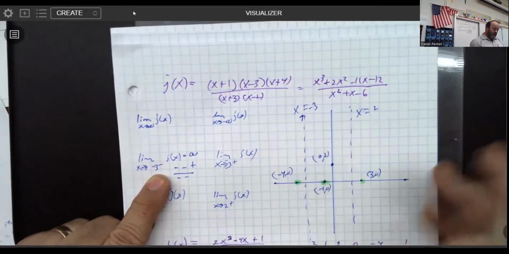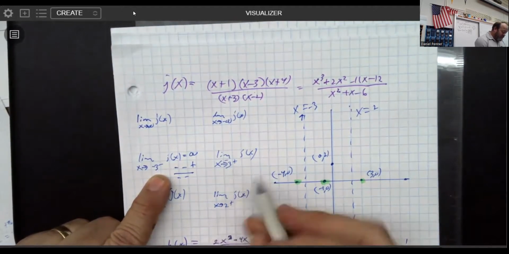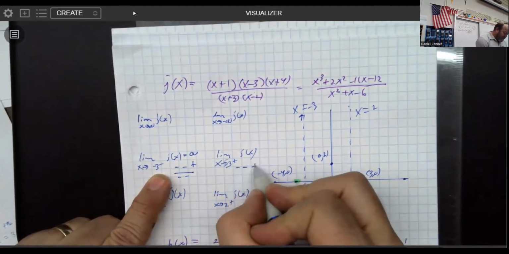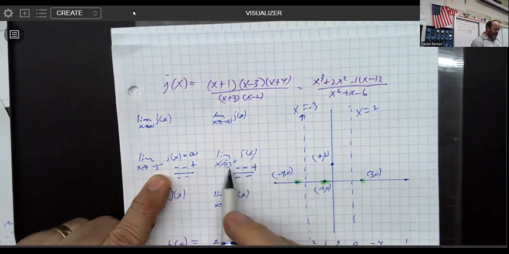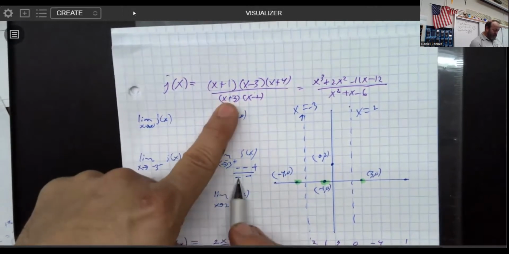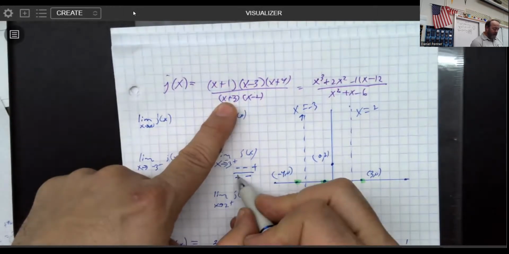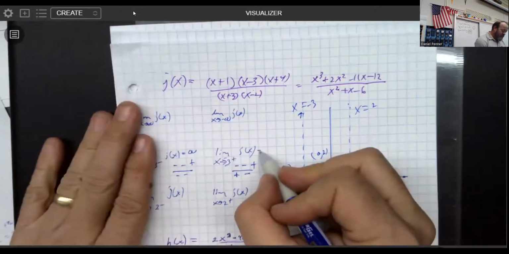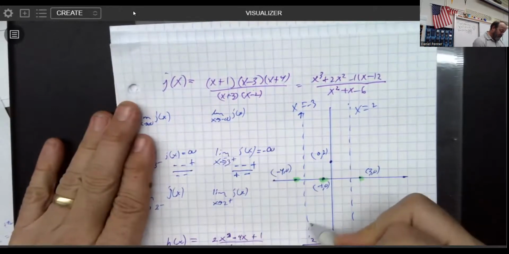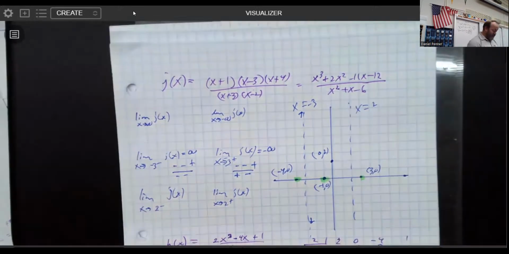That's a good little fact. When we jump to this one, all of these values are going to be the same, except for the piece that provided this negative 3 as an asymptote. So if I plugged in negative 2.9, that little piece would change to a positive from a negative. Nothing else would change. And so I know it's going down here on this side, which confirms what I mentioned, that I thought it might be an S-curve.